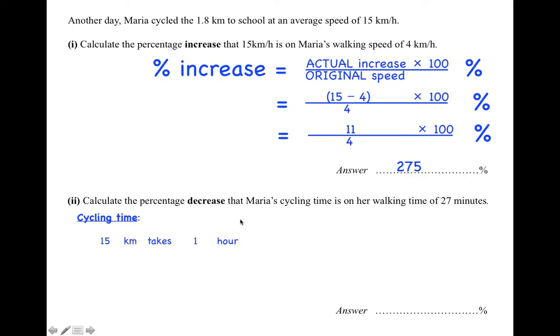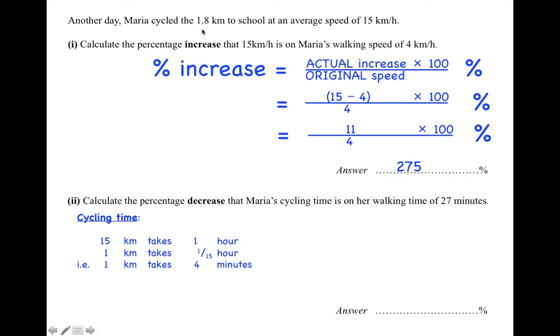So that means that 15 kilometers would take her 1 hour. Now, if 15 kilometers takes her 1 hour, then 1 kilometer would take her a 15th of an hour, or in other words, 4 minutes. So 1 kilometer would take her 4 minutes.